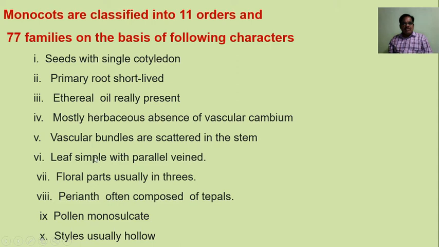Leaves are simple, and one more main character of monocot is that parallel venation is found there. Then floral parts are usually three. In the last slide, the floral parts in the primitive angiosperm were three or in multiples of three.